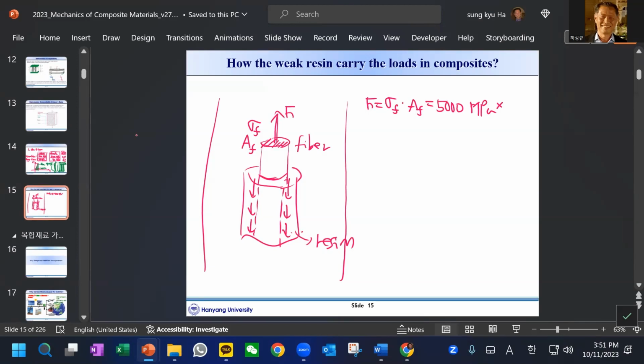AF is what? I would say the diameter of the fiber, carbon, 7 micrometer. So pi over 4 times the 7 micrometer squared. This is on the micrometer scale, so anybody can calculate this one. So this is going to be 5,000 times pi over 4 and 7 scale.